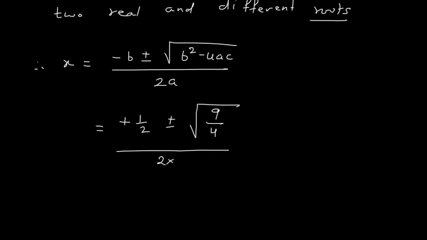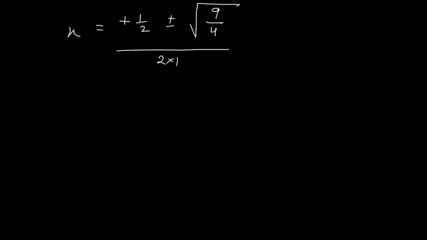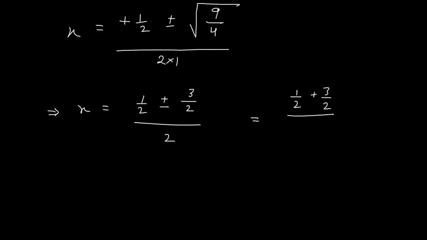So 2 into 1. This gives us the value of x as 1/2 plus or minus 3/2, whole divided by 2, which is equal to (1/2 + 3/2)/2, or (1/2 - 3/2)/2.